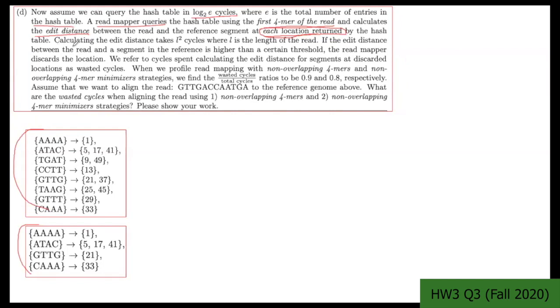Now, calculating the edit distance itself takes L square cycles, where L is the length of the read sequence. If the edit distance between the read and the segment in the reference is higher than a certain threshold that's given by the user, then the read mapper discards the location, and you can guess why.